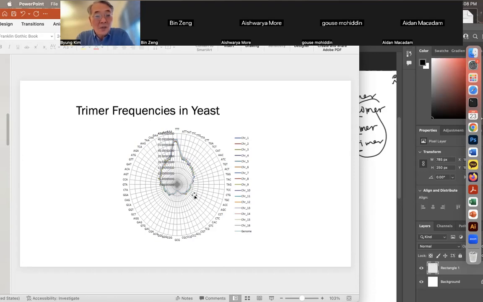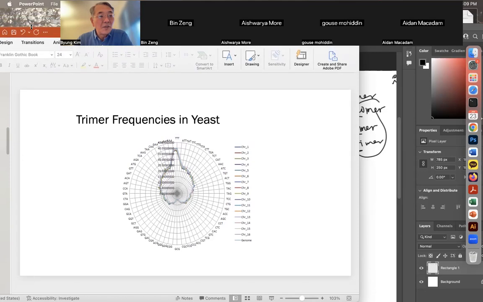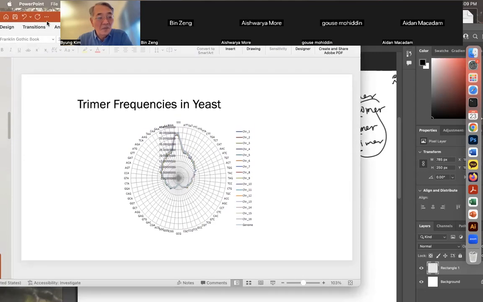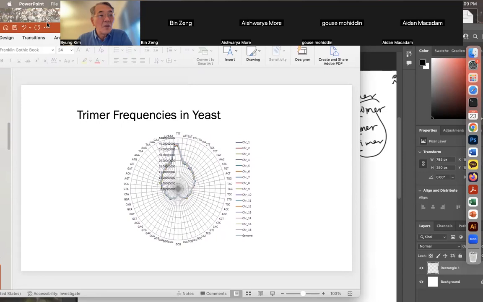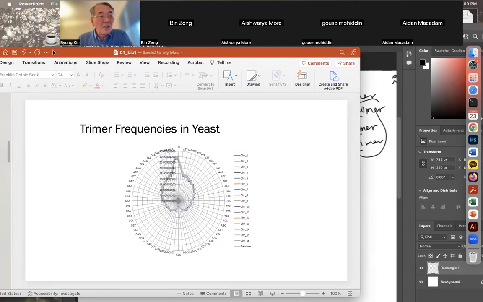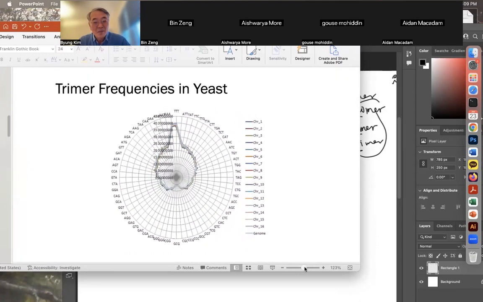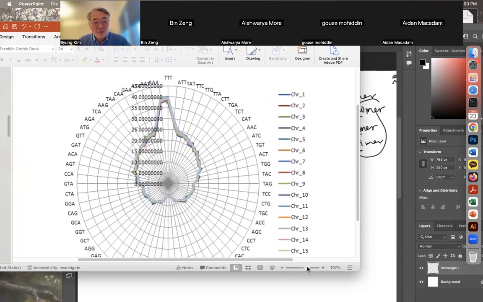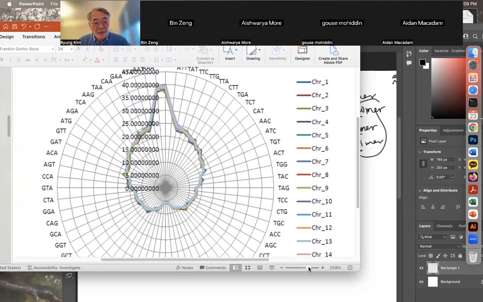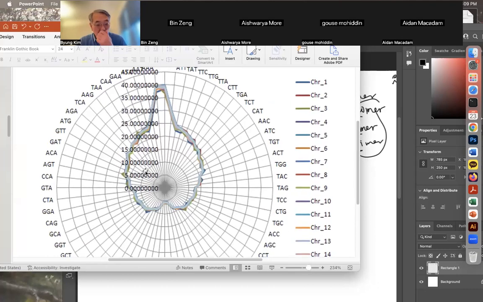It's tough to do in Zoom, and my screen is fractured, so that doesn't help either. Let me blow it up. Okay, so these are the number of counts.